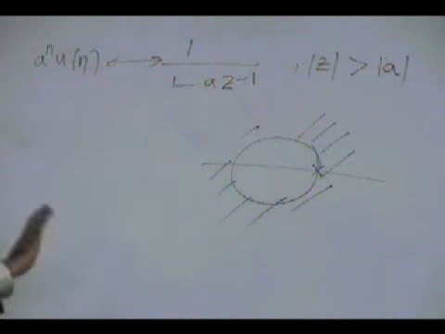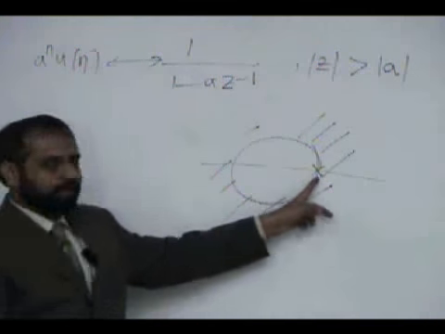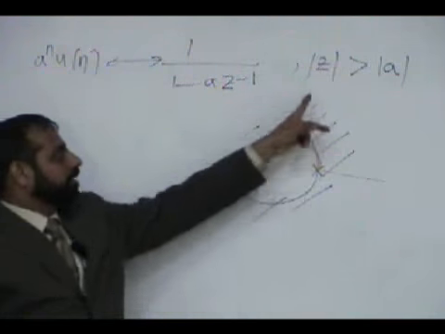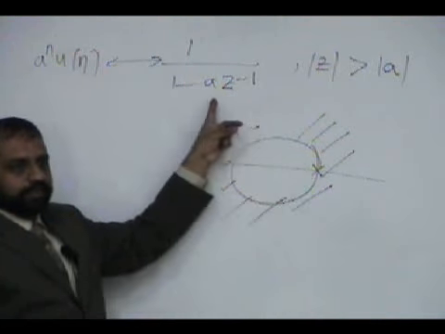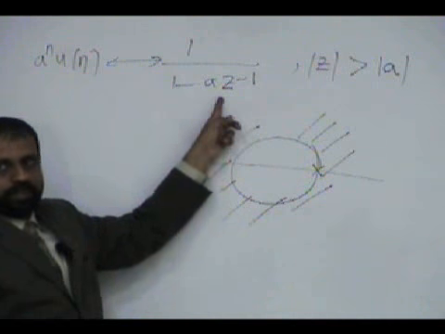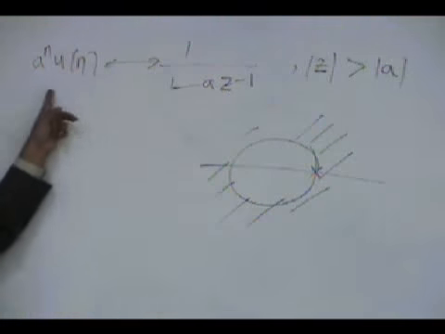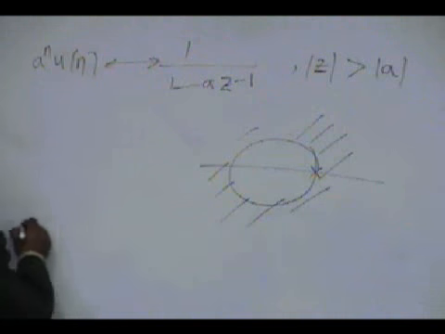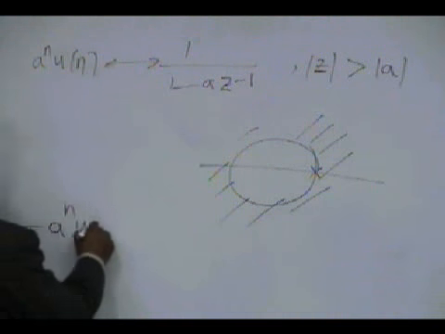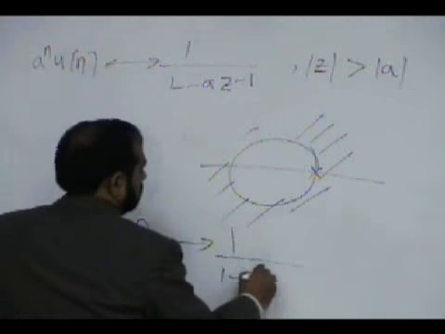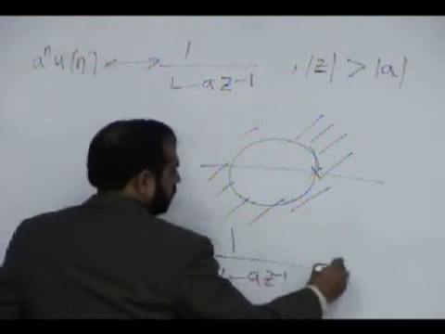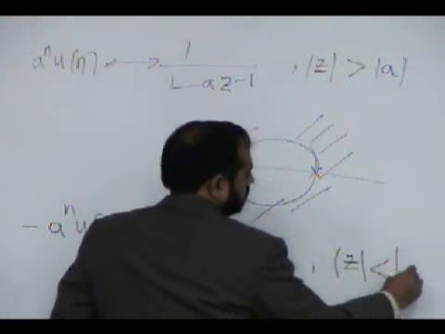For a right-hand side sequence, the region of convergence is outside the pole. But looking at this, you can say that this pole represents this Z transform, and this Z transform represents the sequence. Similarly, this may represent minus a to the n, u of minus n minus 1, which results in the same Z transform, but the region of convergence is this.